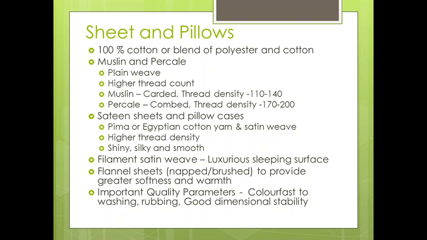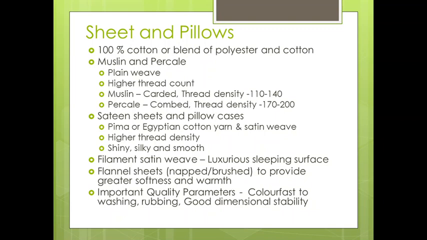And now if we talk about the cotton raw material, the two most popular names used in sheets and pillows are muslin and percale. However, different kinds of fabrics are also used, but these two cloths, muslin and percale, were widely used earlier.